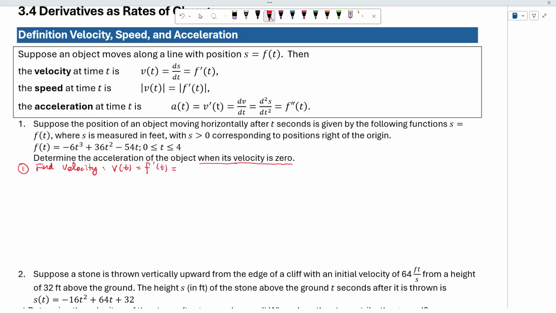So then I will have negative 6 times 3t squared plus 36 times 2t minus 54, which is negative 18t squared plus 72t minus 54.